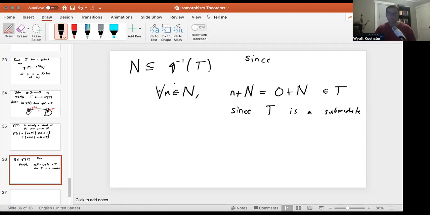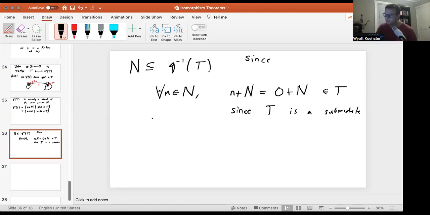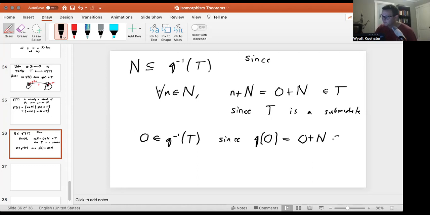So we know that the pre-image contains N. Then we need to show it's a submodule. So to show it's a submodule, the first thing I'll do is show it contains 0. So 0 is in the pre-image, again, since Q of 0 equals 0 plus N, which is in T.